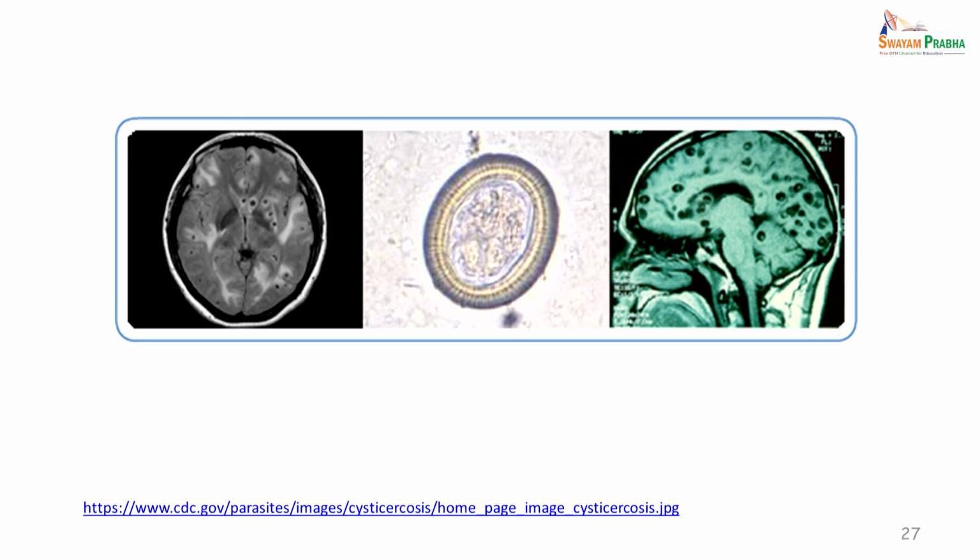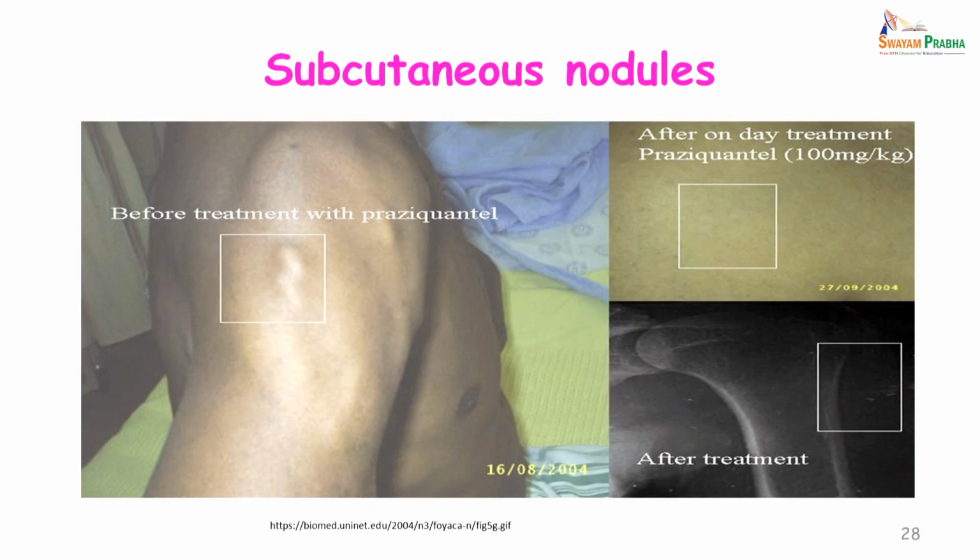Now, if it is present only in one part of the brain, the patient may present with epilepsy or some other loss of neurological function depending on the site in which this cysticerci has settled down. Now, these two images show multiple cysticerci in the brain. Again, subcutaneous nodules, this is before treatment on the left side, and on the right side now you can see that it has disappeared, and the X-ray just shows a small little speck.